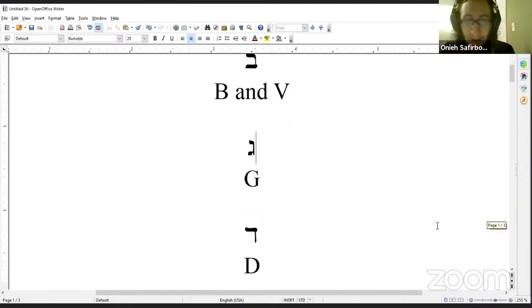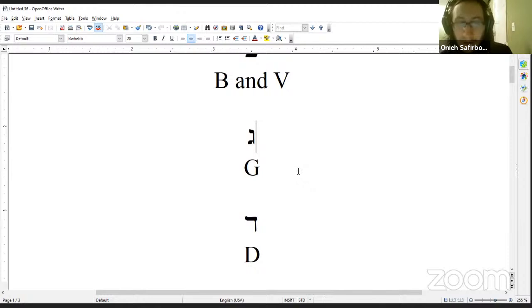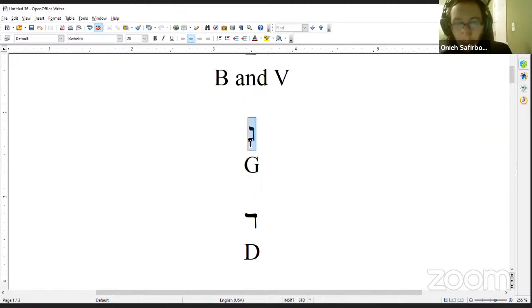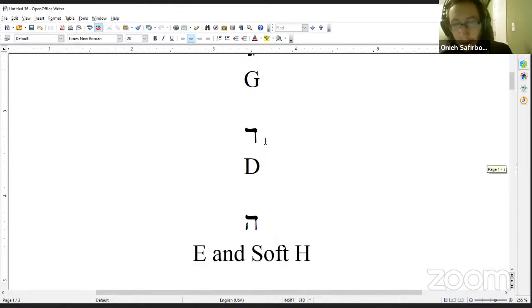Then these remaining letters are just single sounds that never change, and they're the same sound no matter where you use them in words. And for those letters, Gimel corresponds to the English letter G, and it's a g sound like goat and pig. Not giraffe, but geese.